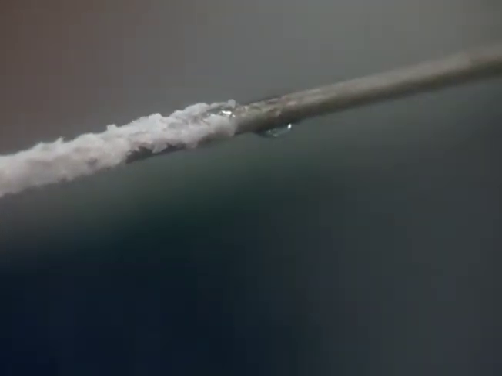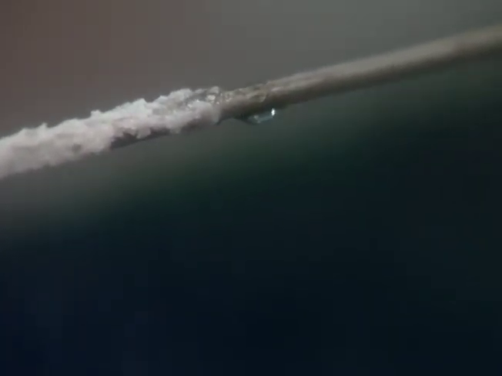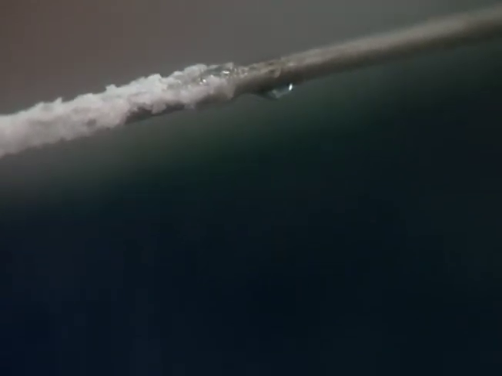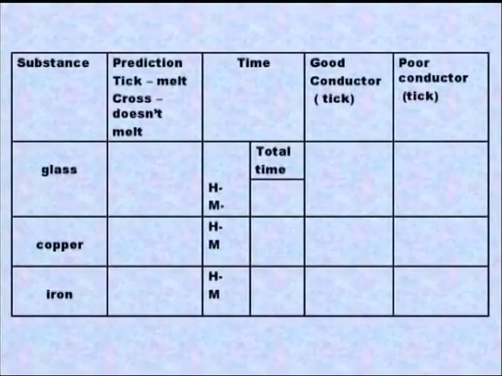After you have found the total time for each, make sure you fill in where it says good conductor and poor conductor. There are three substances, so which one is a good conductor and which one is not? You just give a tick under each of those columns.